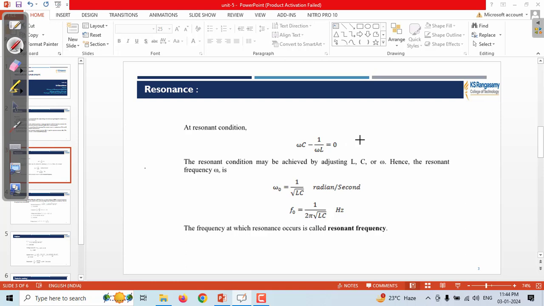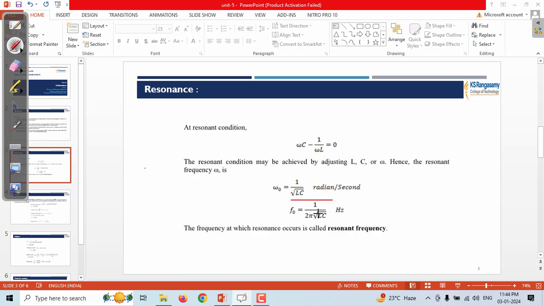We can read it as omega L equal to 1 by omega C. So omega squared equals 1 by LC, so omega equals 1 by root LC. Since omega equals 2 pi f, f equals 1 by 2 pi root LC.